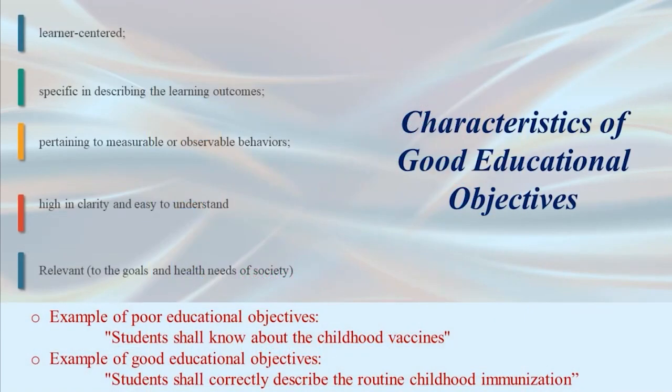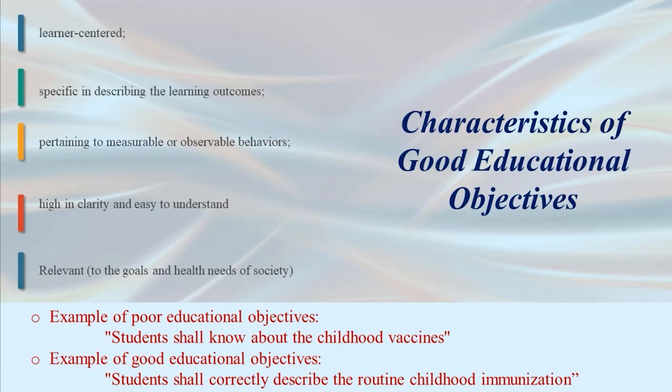In other words, characteristics of good educational objectives are: learner-centered, specific in describing the learning outcomes, pertaining to measurable or observable behaviors, high in clarity and easy to understand, and relevant to the goals and health needs of society.